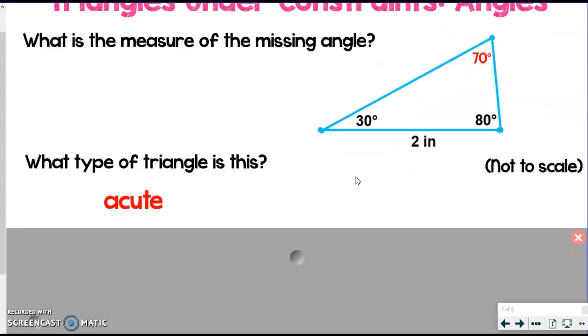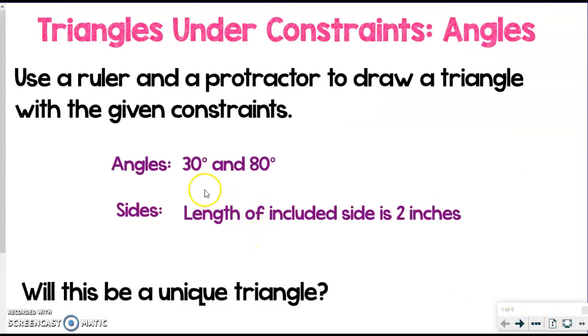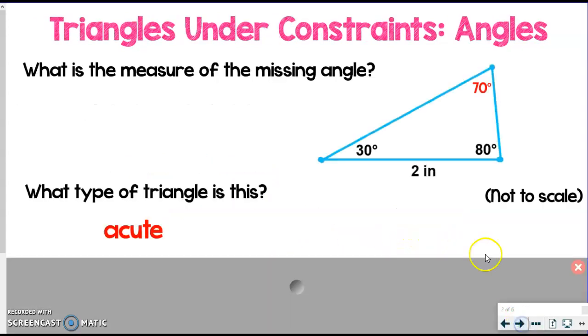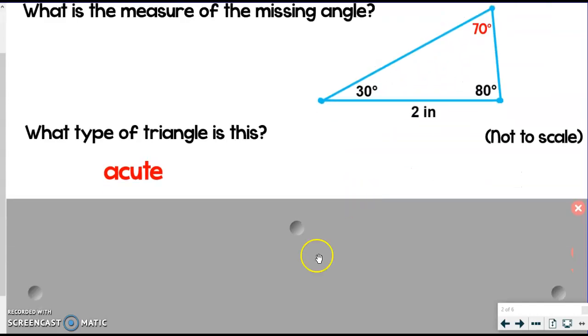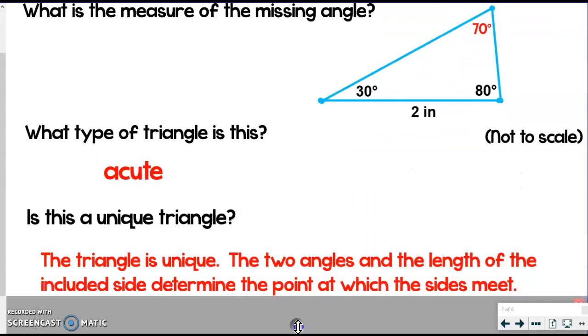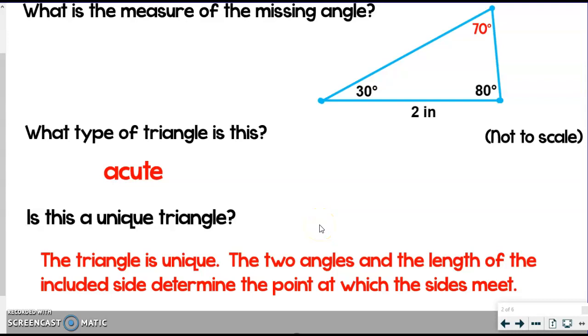So this one, I'm going to go back to the constraints they gave us, two angle measurements and then a side length measurement. When I think about this triangle, I have to have a 2-inch line and I have to have a 30 and 80 degree angle. Well, this triangle is going to be a unique triangle, meaning that this is the only way you can make this triangle.